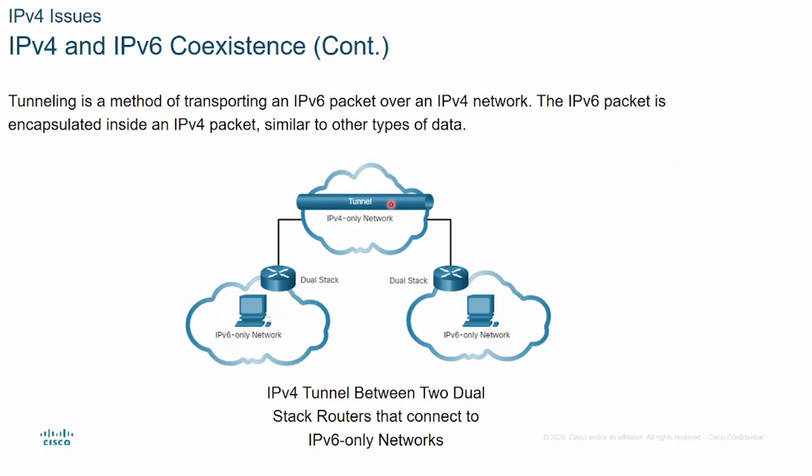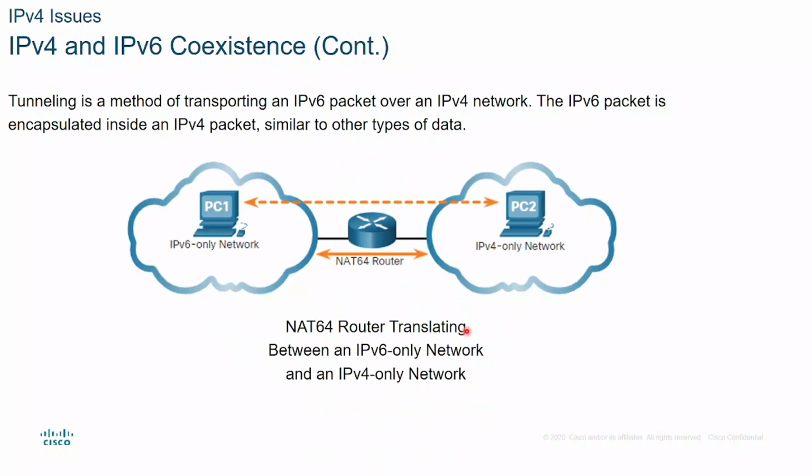So you can see here, this is an illustration of tunneling between two dual stack routers that connects to IPv6 networks only. Tunneling can also be done through different pieces. Here there's tunneling between an IPv6 only network and an IPv4 only network.